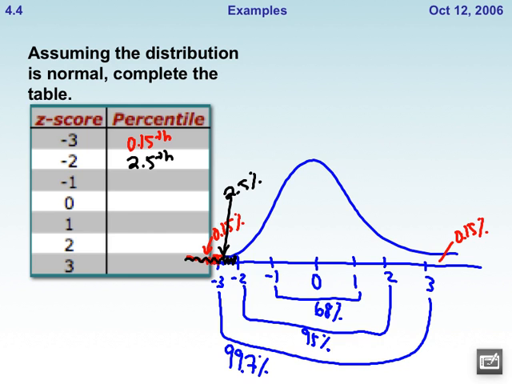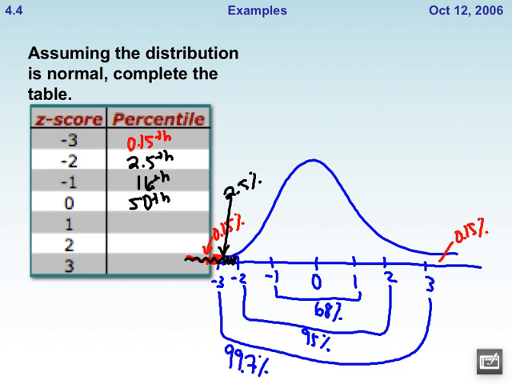So if the z-score is negative 3, then you're trying to find what percent of the observations are below it.